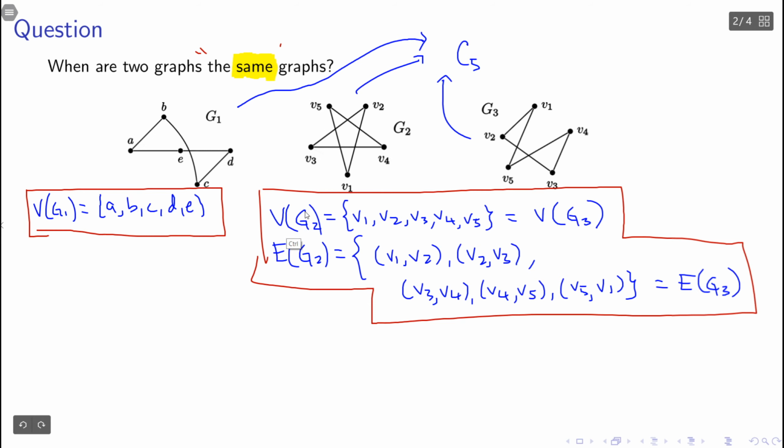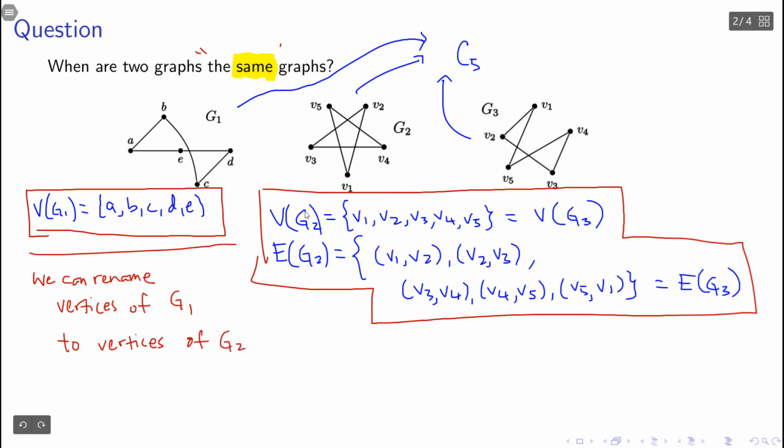But then let's not erase. So I'm going to undo all of that. In fact, another way to think about it is we can rename the vertices of G1 to have the vertices of G2 instead and get something that's equal. So what that means is I can call this vertex my V1, call this my V2, this my V3, this my V4, and this my V5.